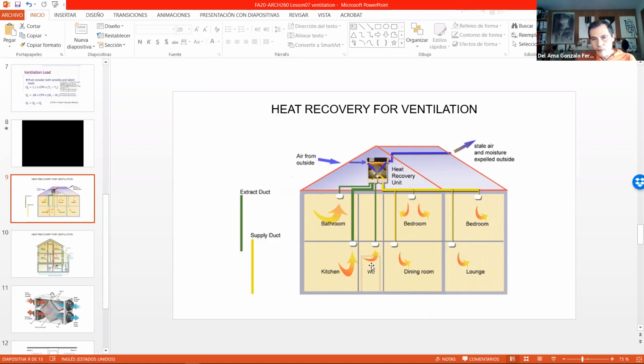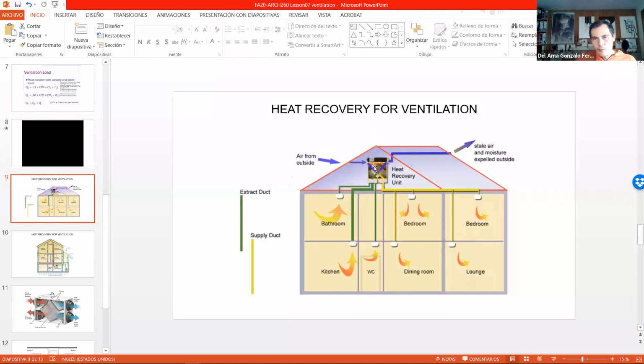And then from the bathroom and kitchen, we need the return or the extract duct. And then we need the fresh air from outside, and then this air is expelled outside, but it's expelled outside after recovering the energy that this air has.